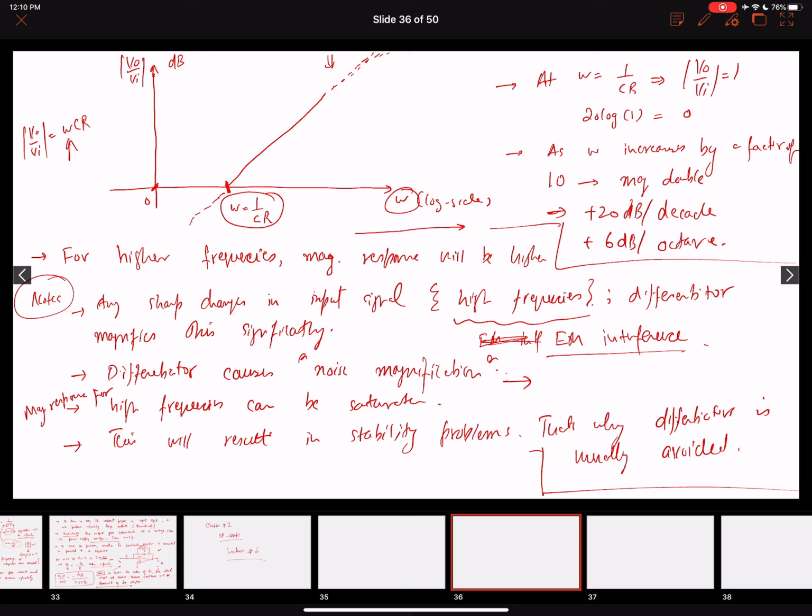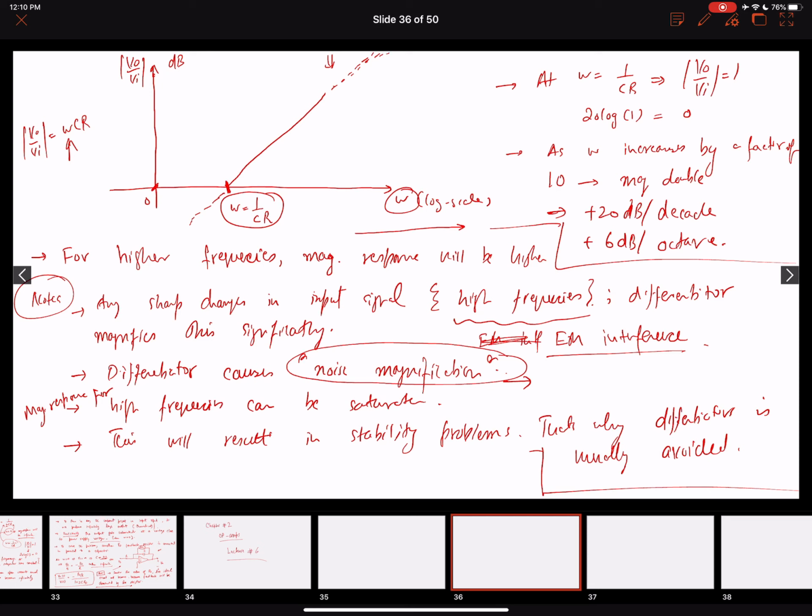As frequencies increase in the input signal, the magnitude response will increase. Those high frequencies, from certain changes in the shape or from EM interference, can cause the output signal to get saturated or the circuit to get overloaded. That is why differentiators can cause noise magnification, and due to the stability issues, they are generally avoided.